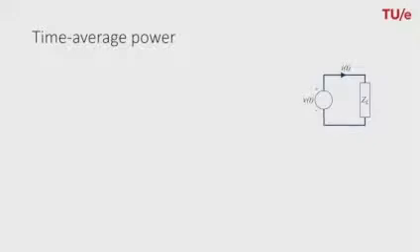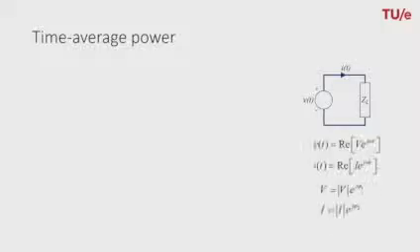So we have a load connected to a source with a certain voltage, V, and through the load we have a current, I. Now the voltage and the current in the time domain can be represented as indicated in the phasor notation, so the real part of a complex voltage and a complex current. And the complex voltage and current in the frequency domain are given as indicated here, where phi1 and phi2 are, for the moment, unknown phases.